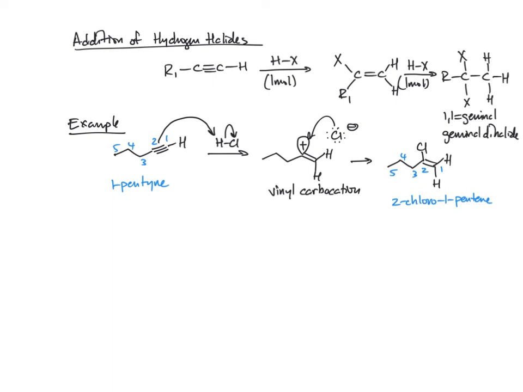If we were to treat that with excess HCl, again, Markovnikov's rule is telling us in terms of carbon 1 or 2, carbon 1 has the most hydrogens, so it gets protonated. That generates a secondary carbocation that is then trapped by the chloride. So we end up with the following product. So this is a geminal dichloride. We would call this 2,2-dichloropentane.